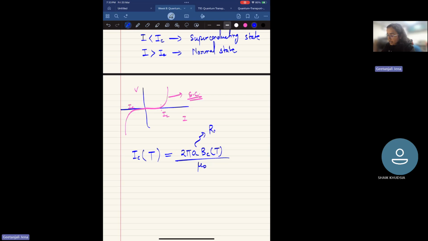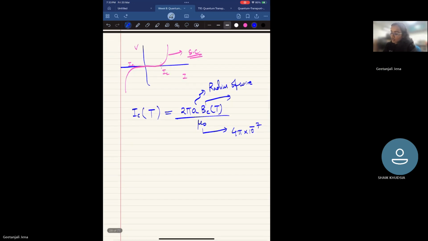Here a is the radius of the wire, and Bc is the critical field for temperature T. Mu 0 is the magnetic permeability, which has the value 4 pi into 10 to the minus 7 in SI units.